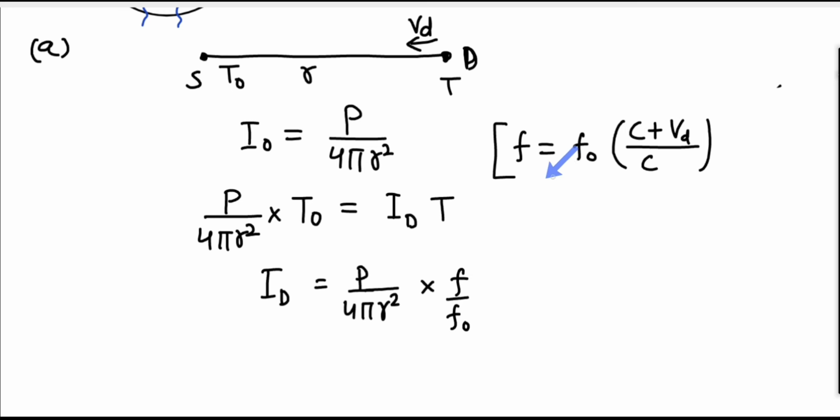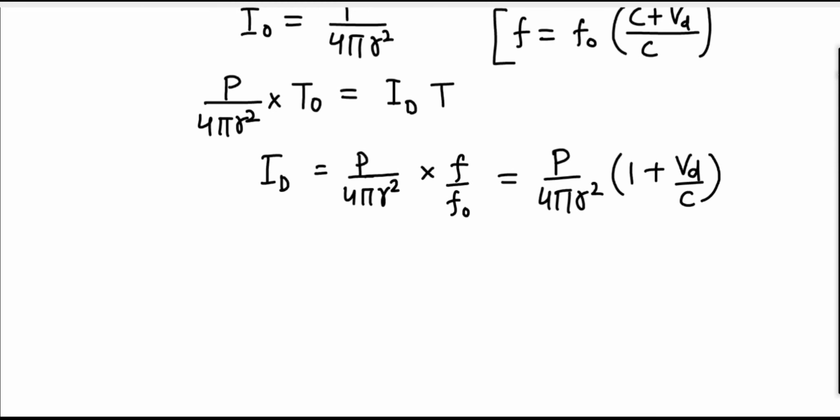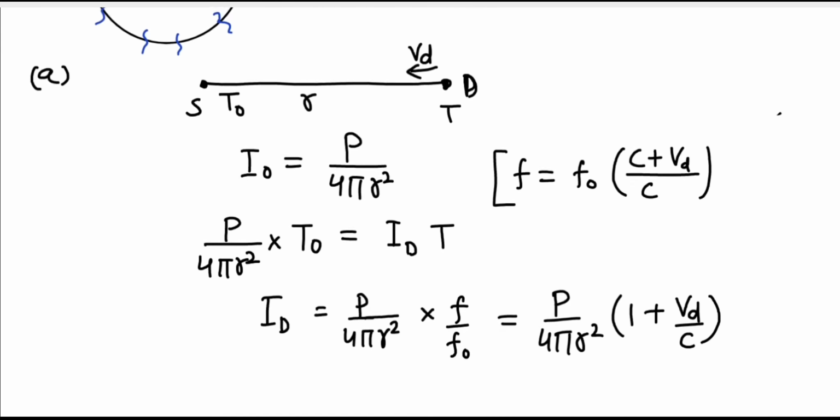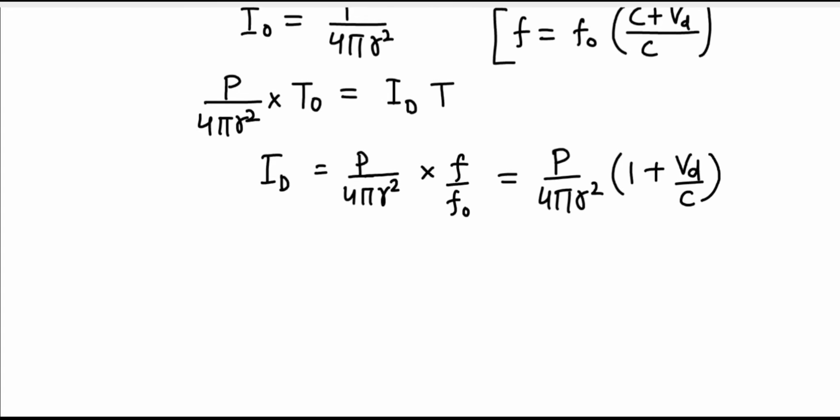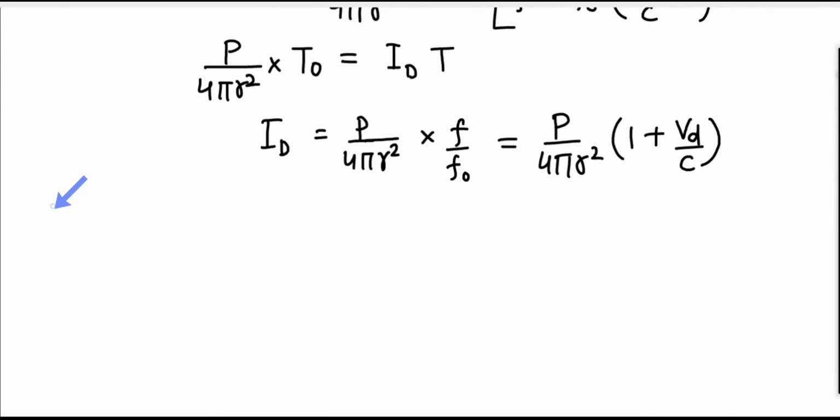So f by f naught is c plus vd by c, and that comes out to be P by 4 pi r square times, with c by c becoming 1, one plus vd by c. So this will be the observed intensity by the detector.